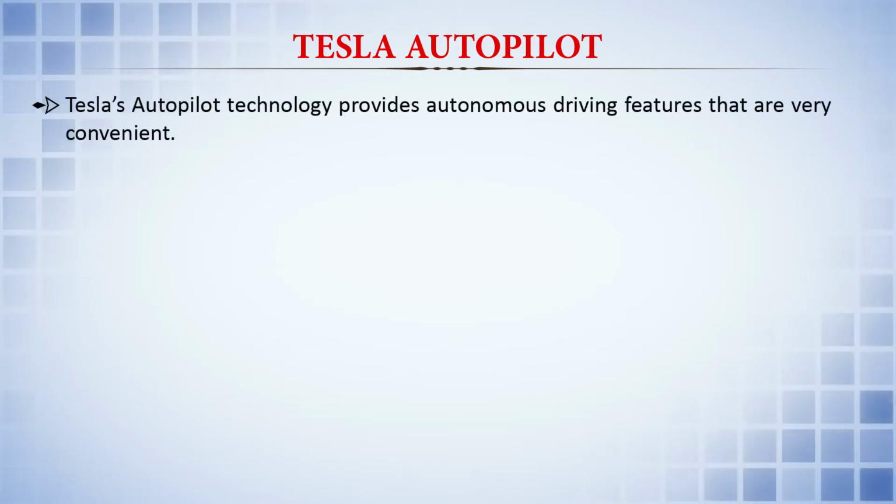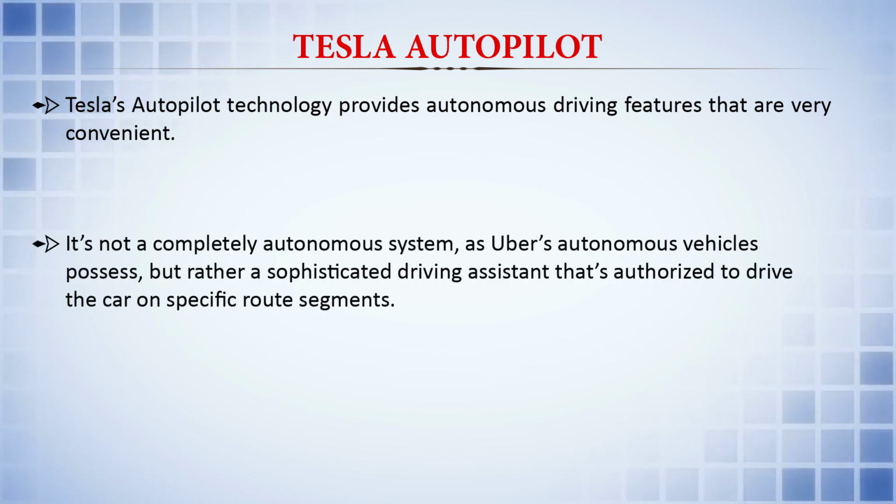The other application that we can discuss is the Tesla autopilot. This particular Tesla autopilot is different from the autonomous vehicles that we are going to discuss in the next session. Tesla's autopilot technology provides autonomous driving features that are very convenient, but it is not completely autonomous like Uber's autonomous vehicles.